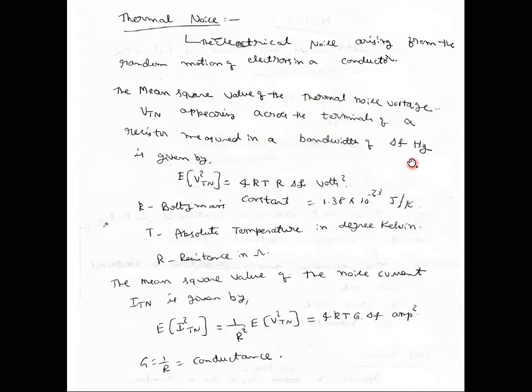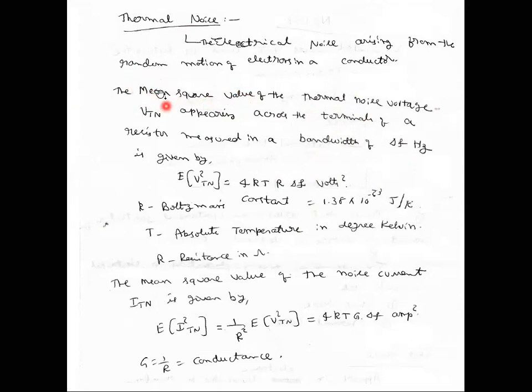Whenever something is random, not deterministic, we characterize the randomness statistically in terms of the mean or the standard deviation, etc. Because noise is random in nature, to measure it we make use of the parameter that is mean square value. That's why the word mean comes.